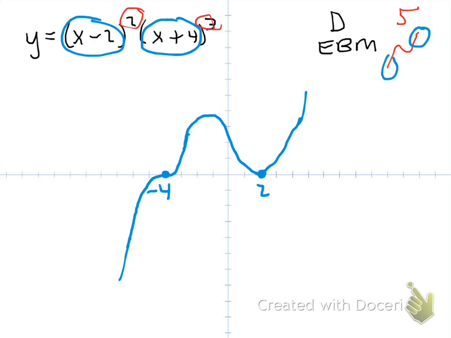Again, it doesn't matter how high or low you go here. It doesn't matter how steep you put this. Just get the graph above and below the x-axis and the correct behavior at each of the x-intercepts. So the key is identifying your end behavior model and then knowing what to do with those multiplicities.